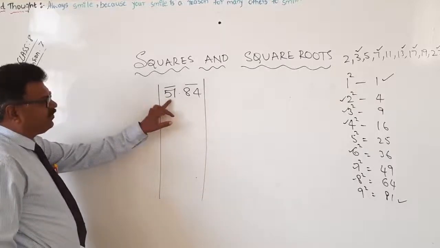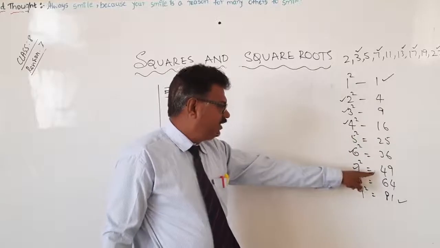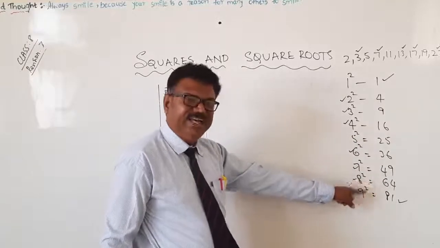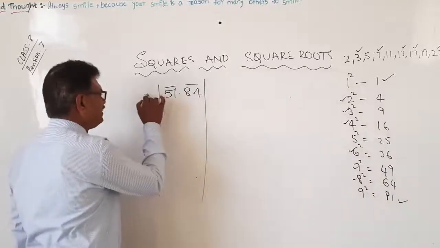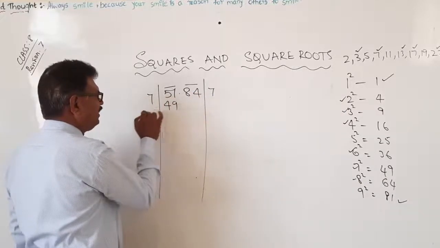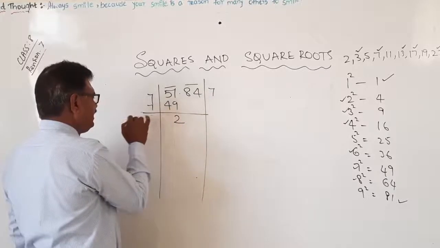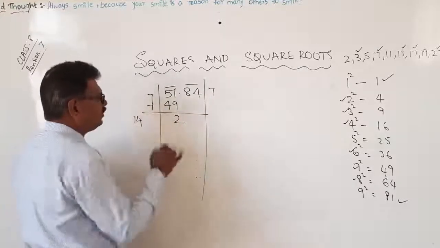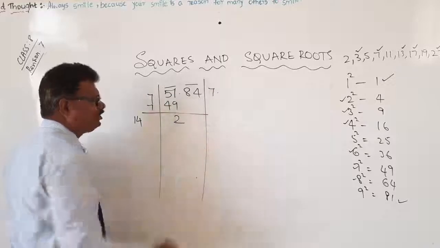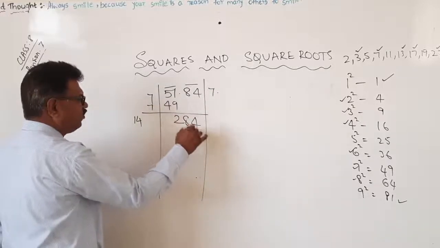Now what is the first number? 51. Now see where it lies? Between 7 square and 8 square. Therefore we should take 7. Here 7. 7 into 7, 49. Here 2. This 7 you should bring here. 7 plus 7, 14. Point means you should put the point here. Now take the number 84.